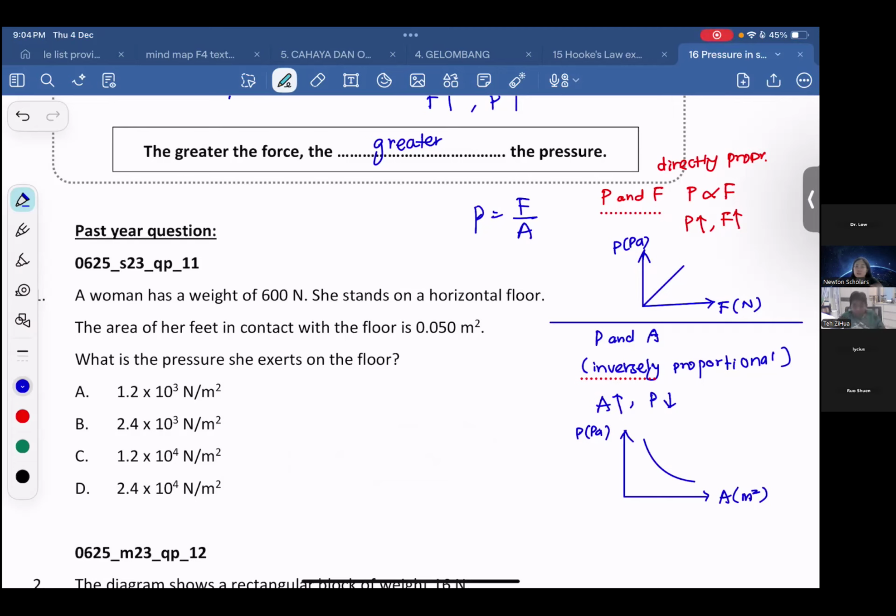In your exam MCQ, you don't need to write, it doesn't matter. But right now we are practicing, okay? Actually, in MCQ, I also encourage you to write. So when you complete the whole exam paper and come back to do checking, it's easier for you to identify whether you did the substitution wrongly or not.